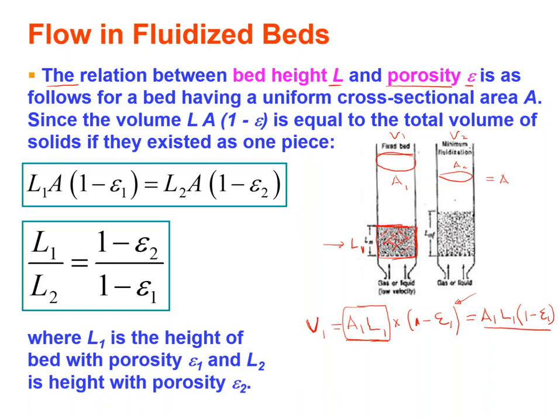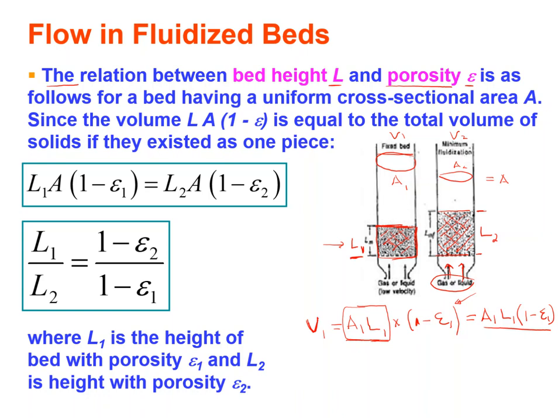Then suppose now I increase the gas velocity, as you can see in the second case. But the volume of the particles didn't change, it just expanded. As you can see, I didn't add any particles, I just increased the velocity. So now the length has expanded to this length. If this was L1, then this is L2.